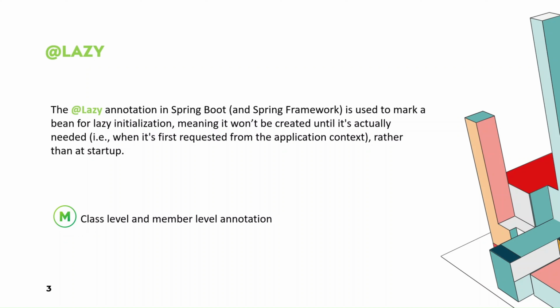If you put @Lazy on top of the component, Spring is going to load that bean and create the object for that bean only whenever it's needed, not on loading or starting a Spring Boot application. You can use this annotation at class level or member level. Two places you can use this annotation.